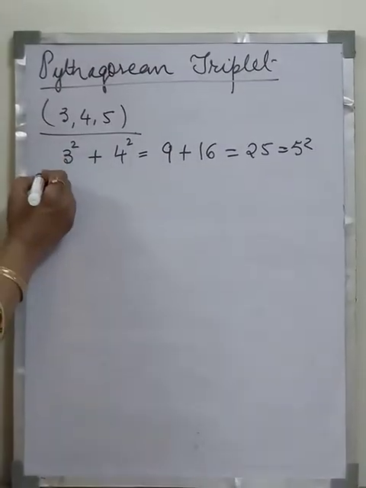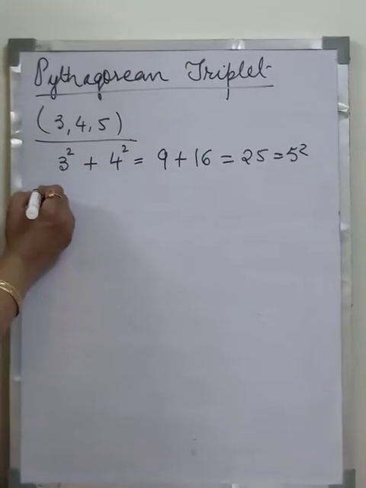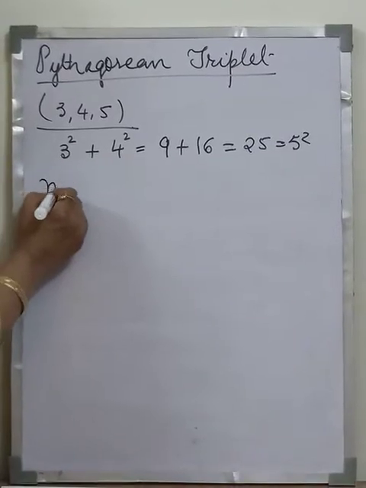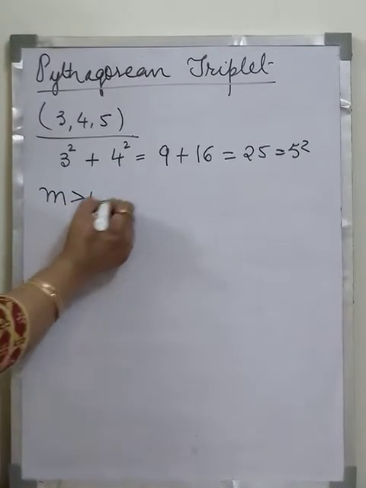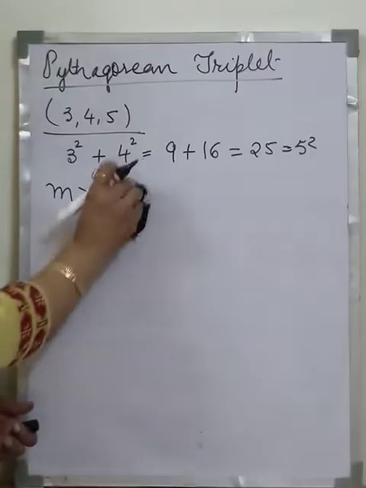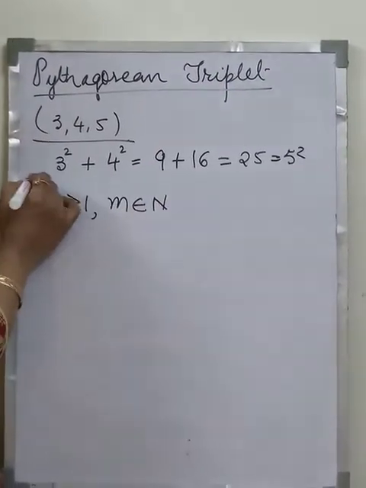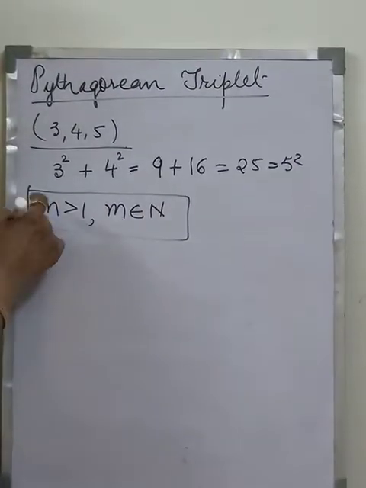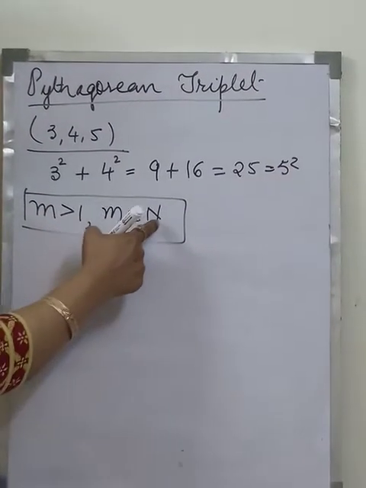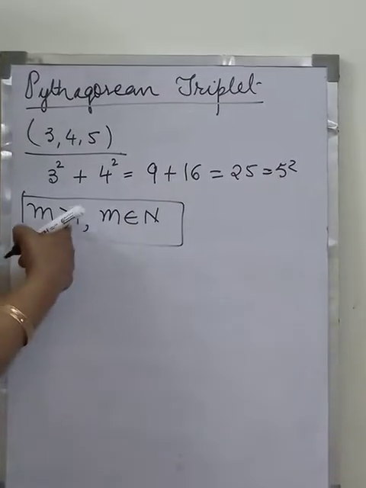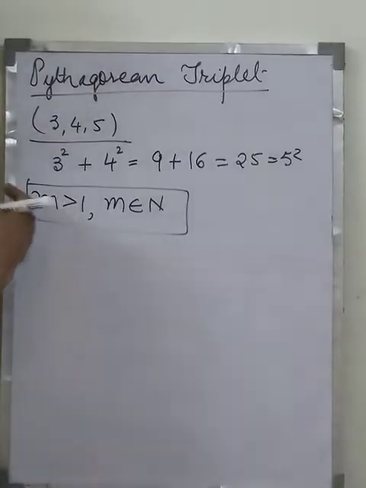So if we have any natural number m greater than 1, where m belongs to N, what is the condition? m is greater than 1 and m is a natural number. So m is any natural number greater than 1.